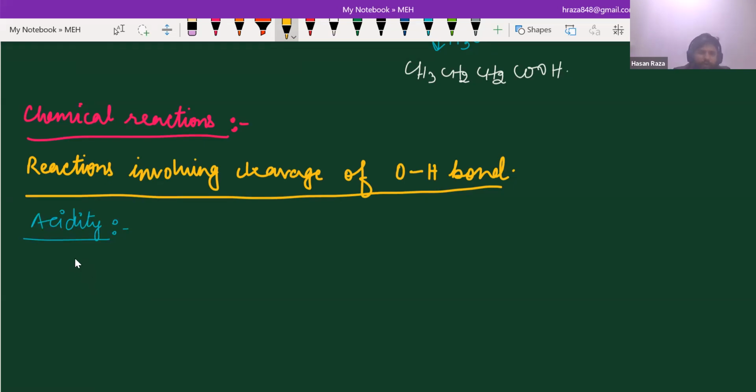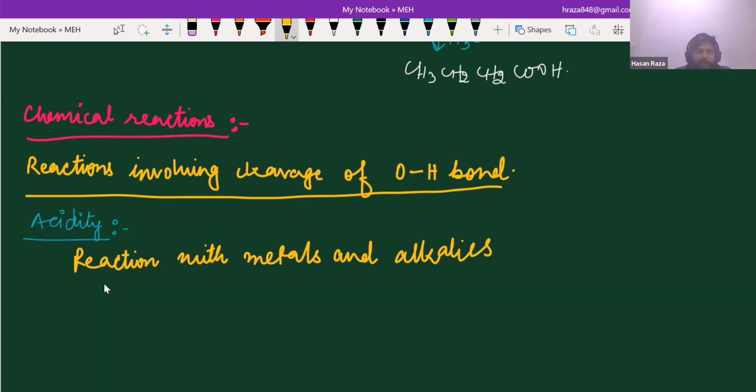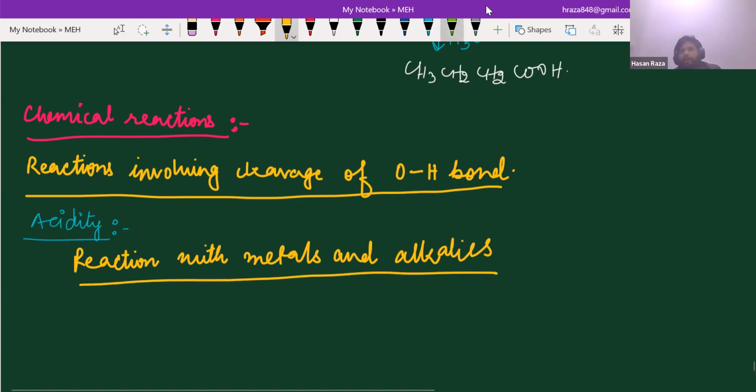So we are going to study reaction with metals and alkalis, and you have studied it in class 10. Since carboxylic acid is an acid, when it reacts with a metal, you will get a salt and evolution of hydrogen gas will take place.